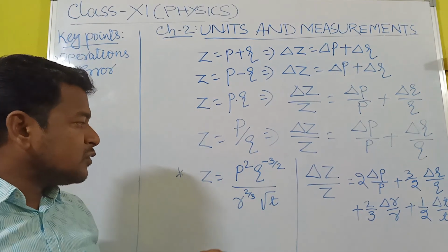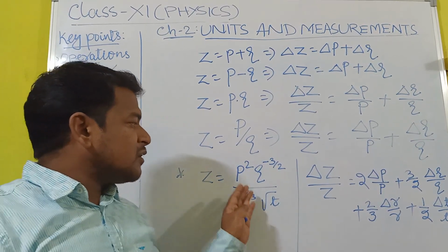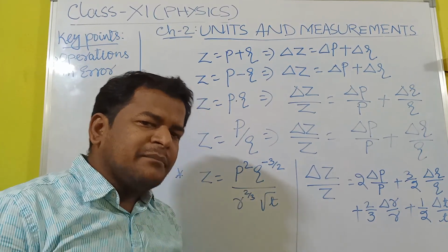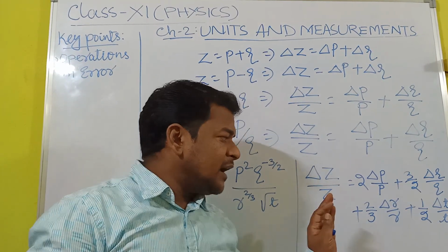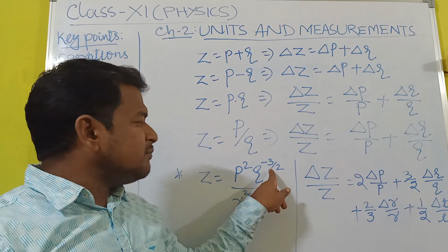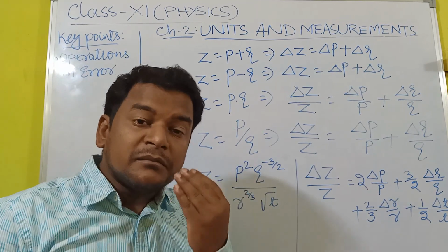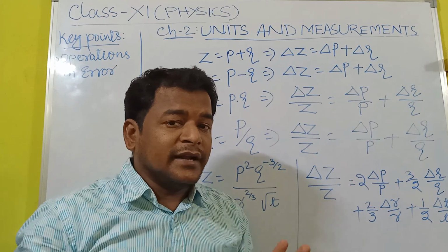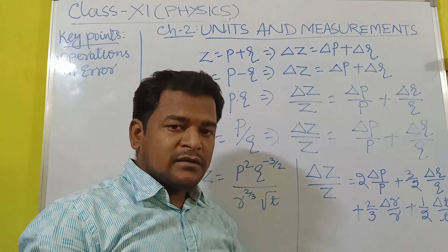Okay, we have to focus on the powers only. Whether it is divided or multiplied, in every case we have to simply add them and we have to simply write the powers only. Okay, there may be the plus sign or minus sign, no need to get worried. Simply just add them. Okay, thank you.